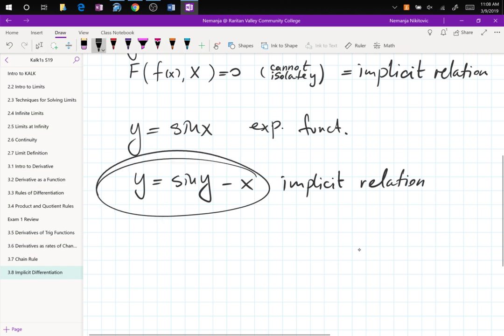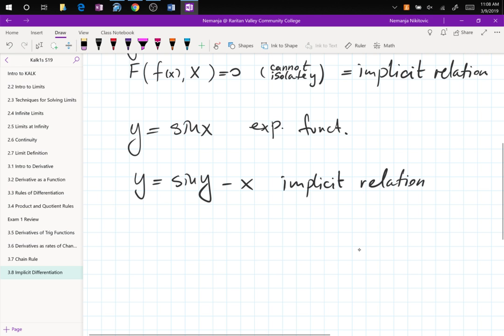So we would like to know, is there a way to take the derivative of this? Because I don't care what this curve looks like. We can find out using a graphing tool what it looks like. You can also calculate the points and then connect them, like in a coloring book. Let me just go real quick and take a look at this graph. So y equals sine y minus x.